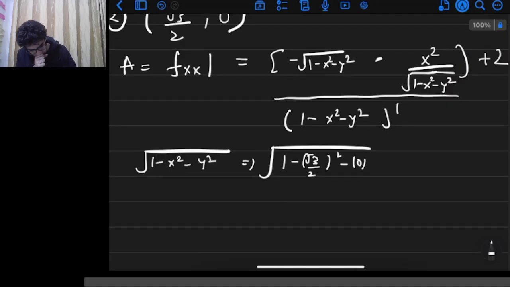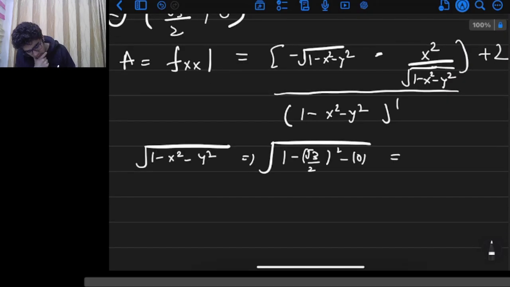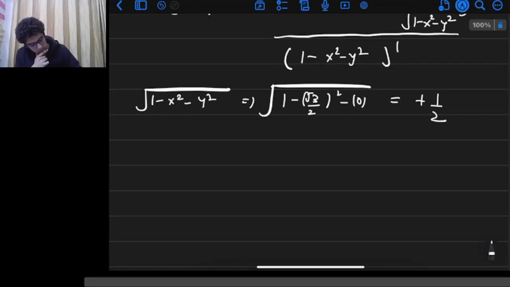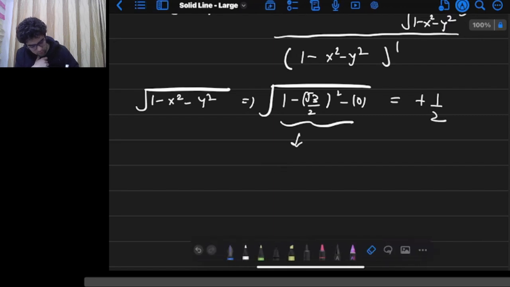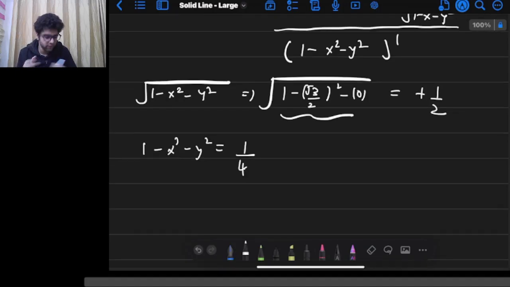So this gives me 1 minus 3 by 4, which is 1 by 4. So the value of 1 minus x square minus y square will turn out to be 1 by 4, and the root of this will be half, because a root always gives you a positive value.